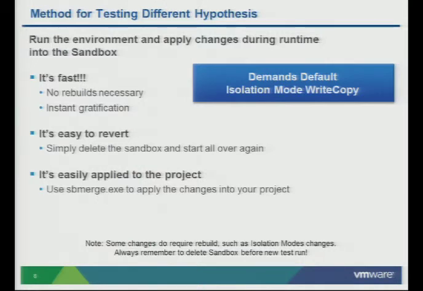So by default, the isolation level that is selected when I go through the wizard to capture an application is merged. So in order for this testing, hypothesis testing and configurations, I should change it to write copy, just so that I can go make those instant changes on the fly. Yeah, that's correct.